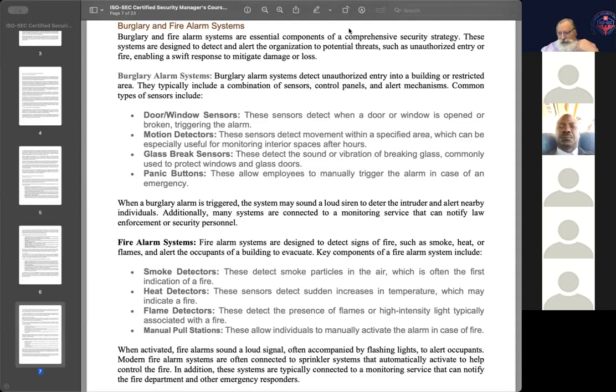In the past, we had different types, mechanical vibration switches, vibration sensors.